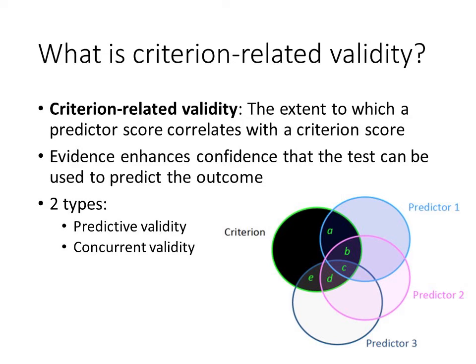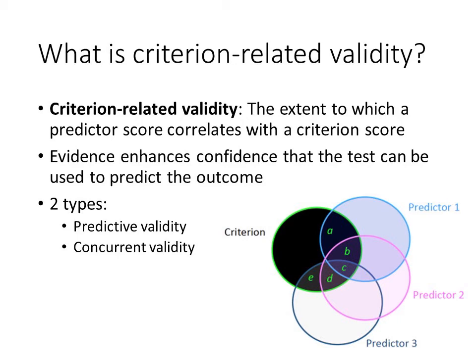If we create a list of interview questions to ask applicants, we need to validate that list. We validate it by using it to hire employees and then measuring their performance after they've been on the job for some time.